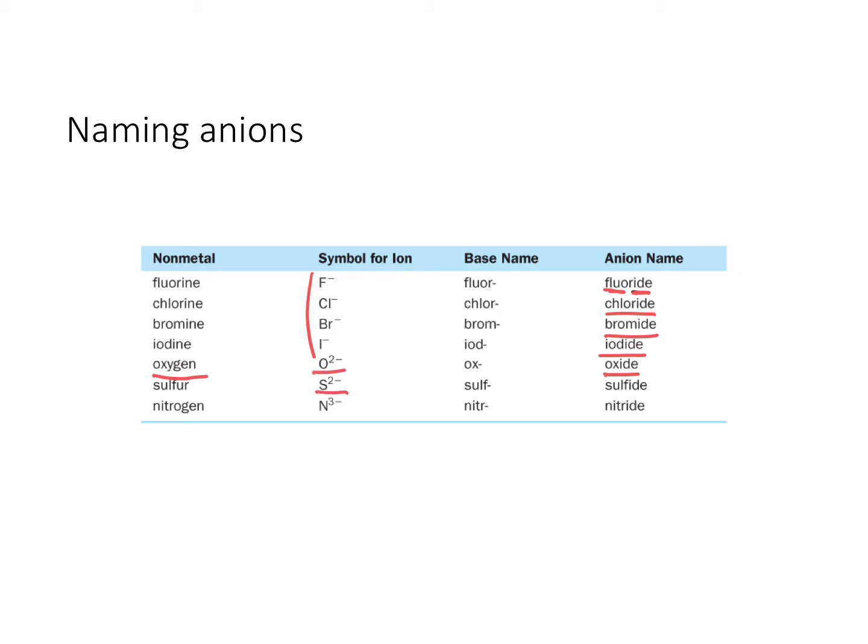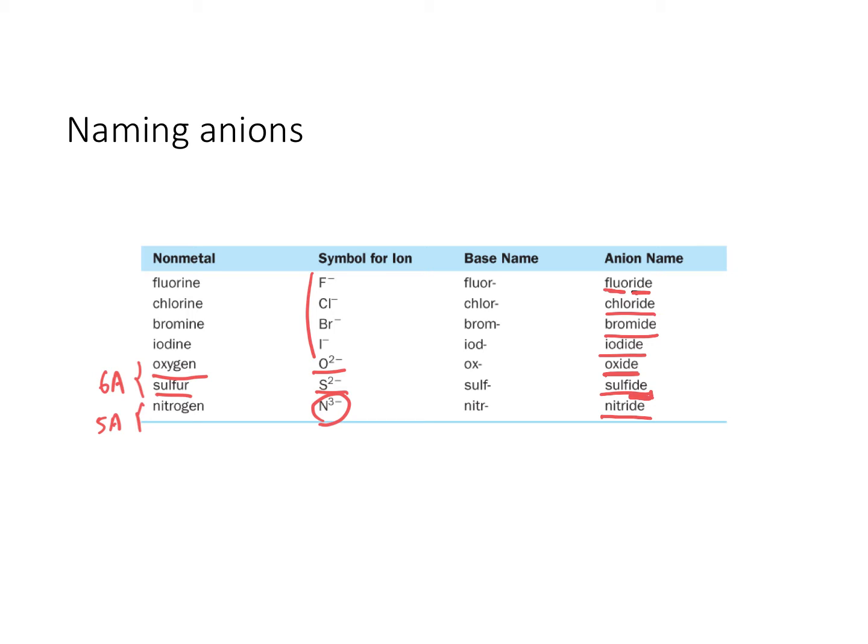The same thing with sulfur, because both of them are in group 6A. I wrote it in Persian, 6A, okay? And nitrogen, as you see, is in group 5A, and it gains 3 electrons, and we call these oxide, sulfide, nitride. And as I mentioned, remember that these have IDE at the end.